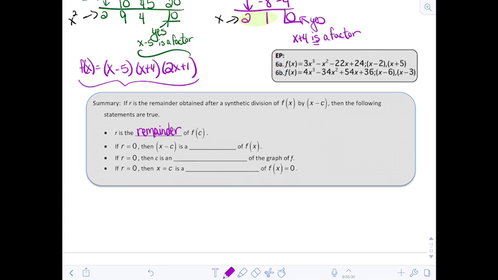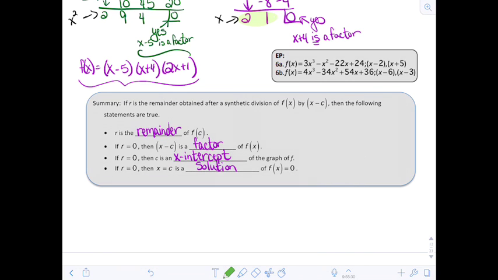If R equals 0, so there's no remainder, then I know that x minus c is a factor. If R equals 0, then c is an x-intercept of the graph of f. And also, if R equals 0, then x equaling c is a solution of f of x equaling 0.